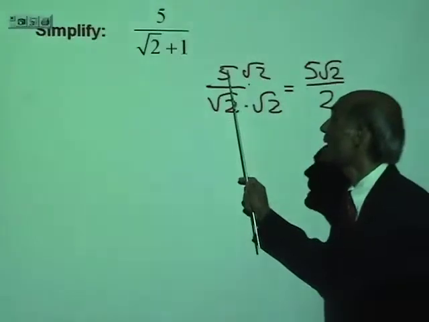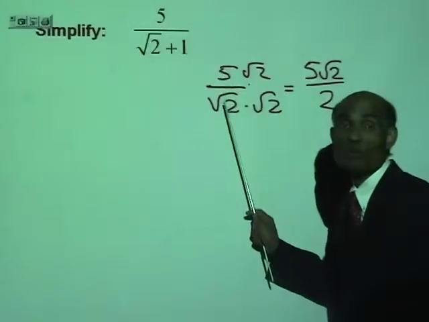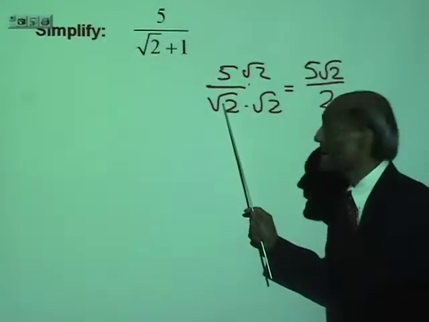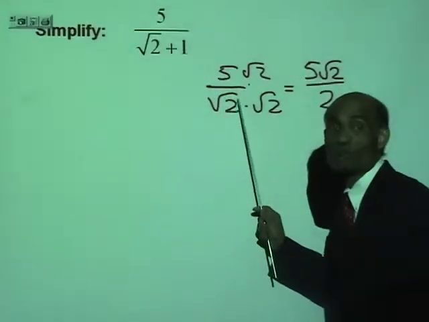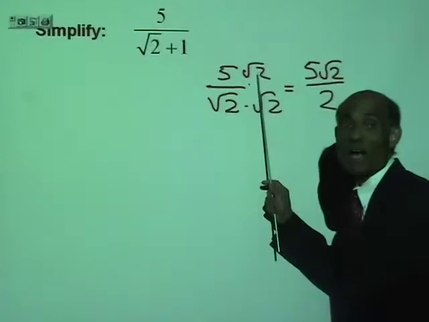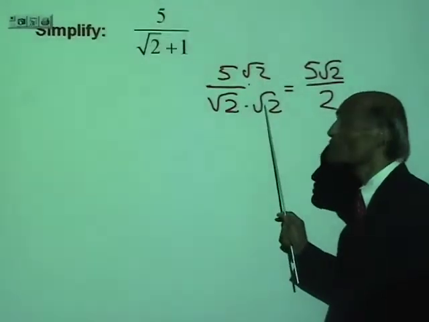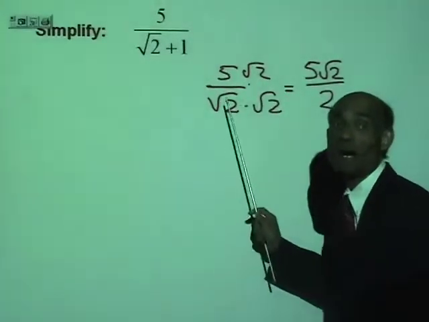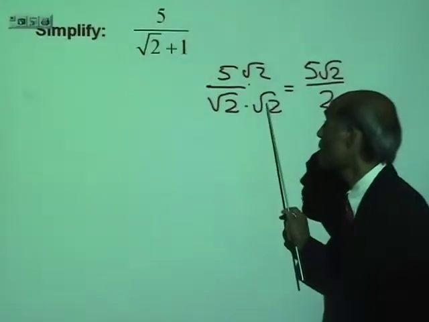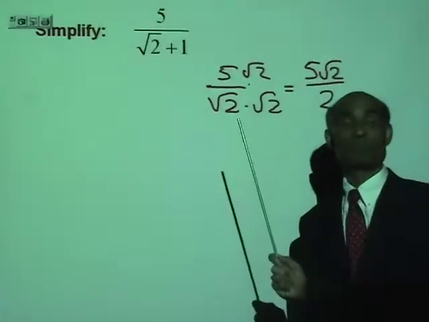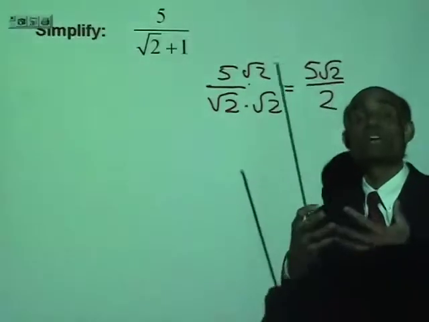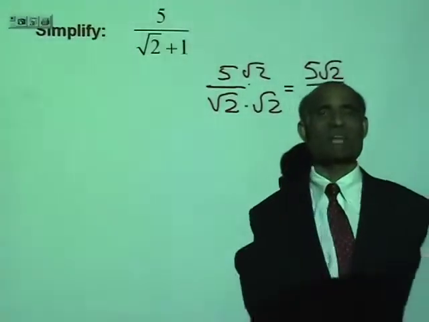If I gave you a quantity like 5 over square root 2, to eliminate the radical sign in the denominator, we multiplied the denominator and the numerator by square root 2. Thereby, the denominator became square root 2 times square root 2, that is 2. Okay, we rationalized the denominator.